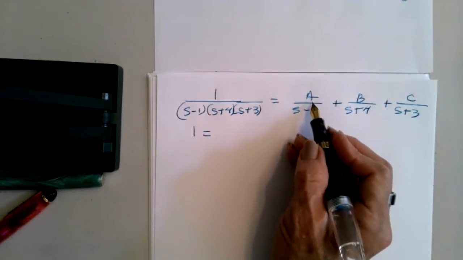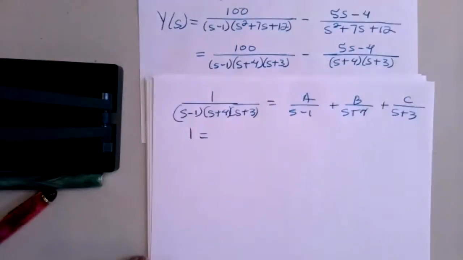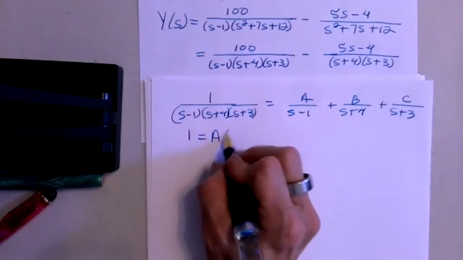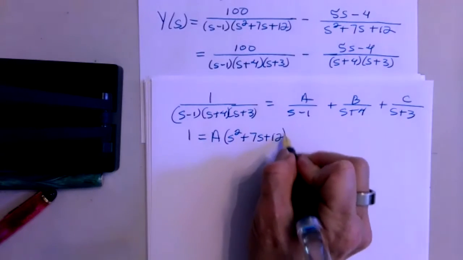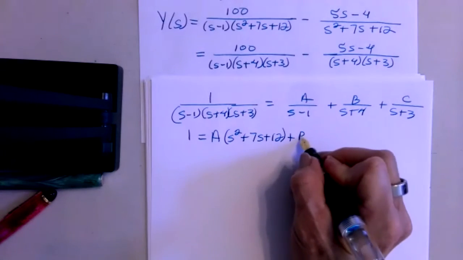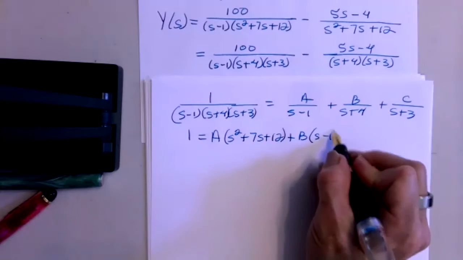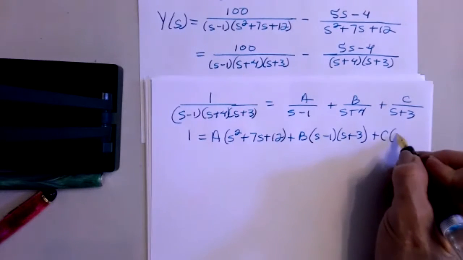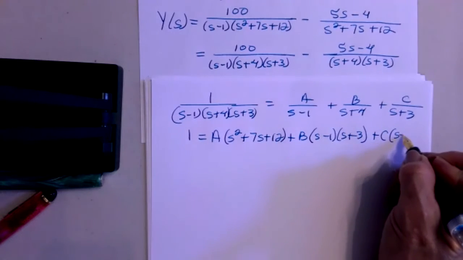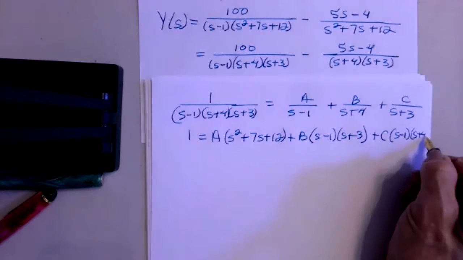So this is A times s plus 4 times s plus 3 written out up here. So this is A times s squared plus 7s plus 12. And now you have B times s minus 1 times s plus 3, and then C times s minus 1 times s plus 4.